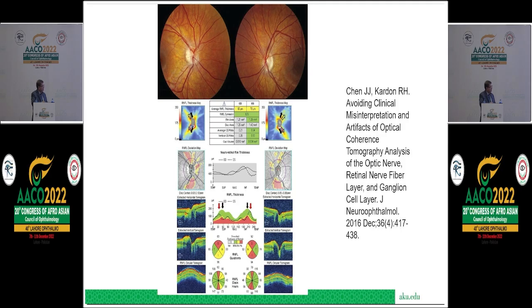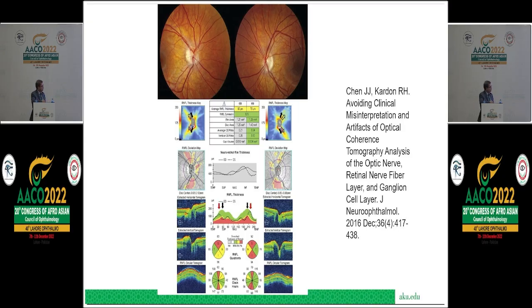Now, here's another interesting thing. I was talking about artifacts with the myopia, and you can have various artifacts, including sometimes some torsional artifacts if the disc is tilted. But this is a high myope patient, and you're seeing here that the arcuate bundles are splayed temporally.